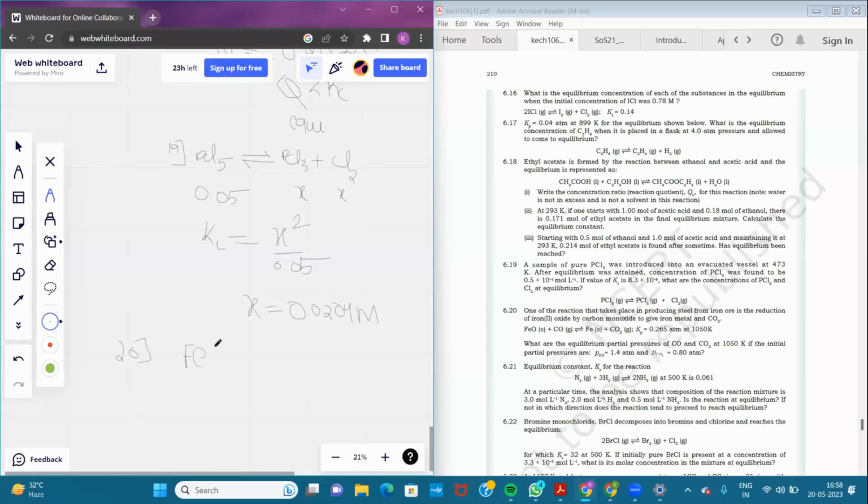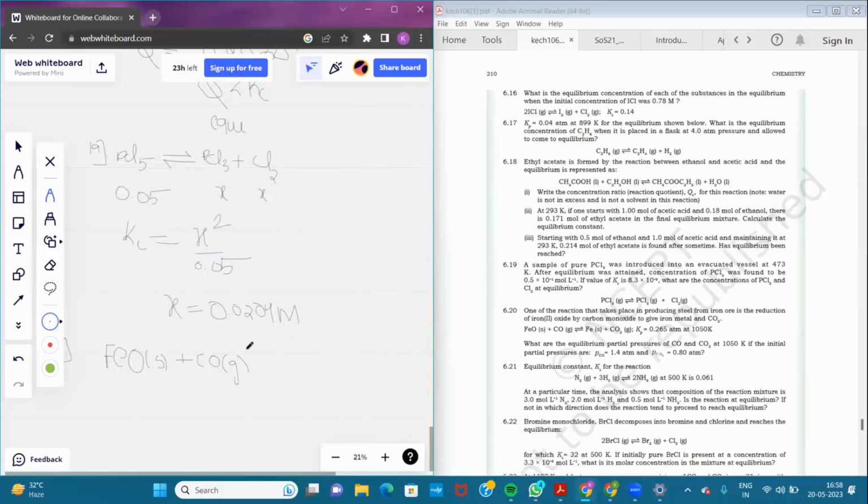So, we need to find out the Qp value. Based on that value, we need to determine whether the reaction is going in forward direction or backward direction. To find that, we'll just substitute the initial values in the Qc expression and write the reaction.